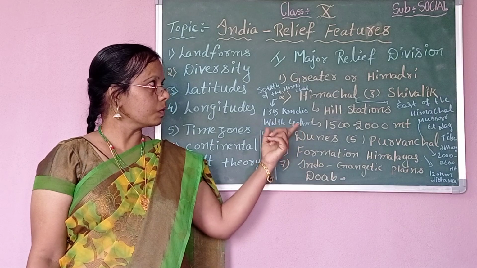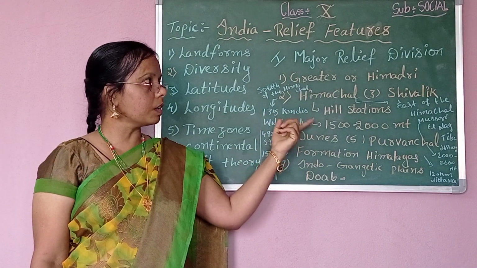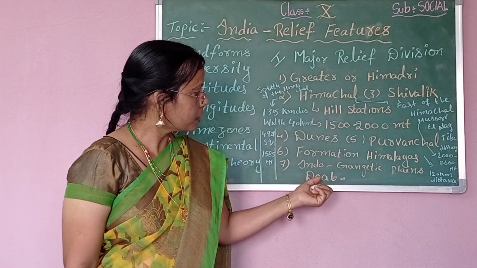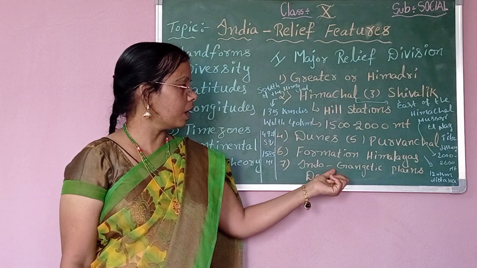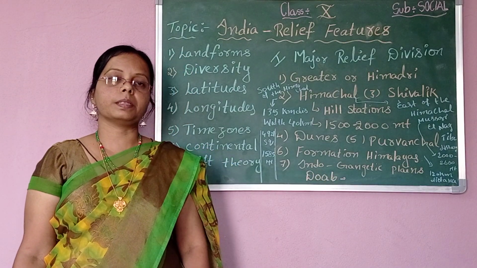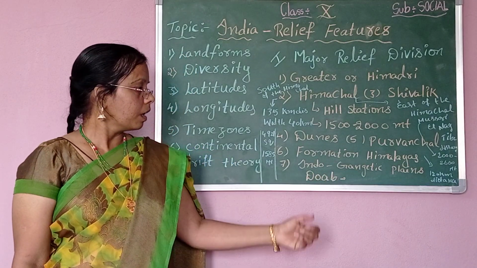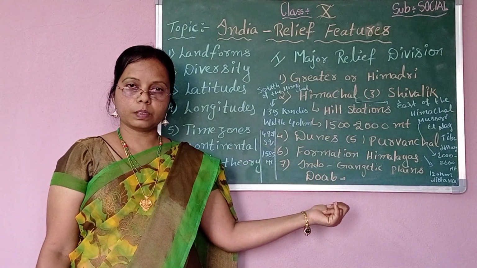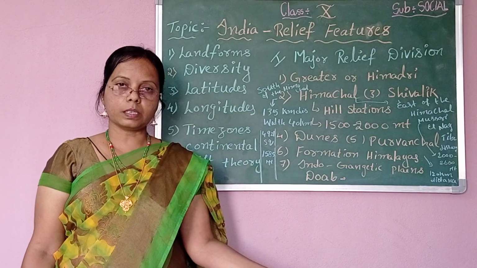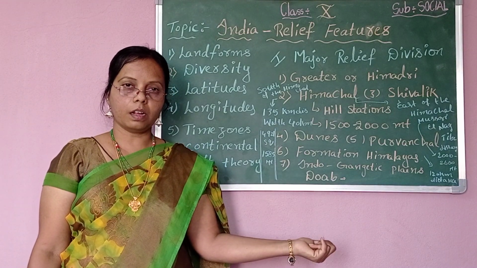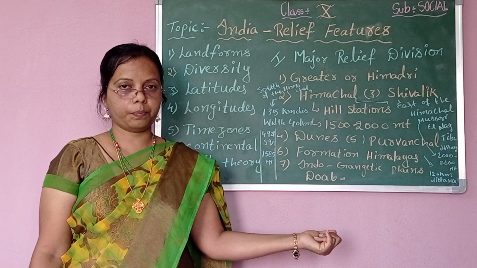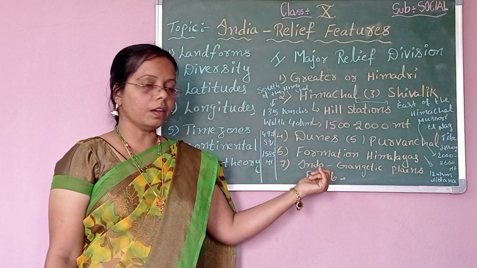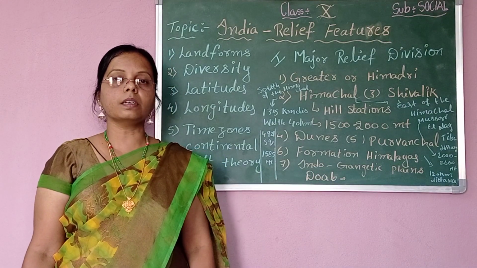This is about the first relief feature, the Himalayas. Now the second relief feature is known as the Indo-Gangetic Plains. Here we have three perennial rivers: the Indus, the Ganga, and the Brahmaputra. The western part is formed by the Indus River and its tributaries.